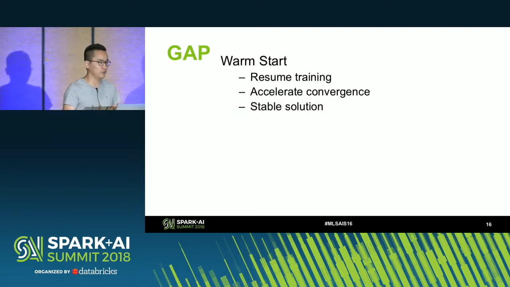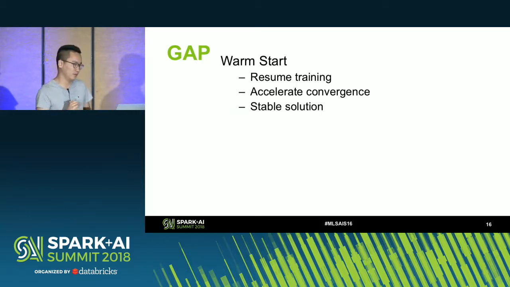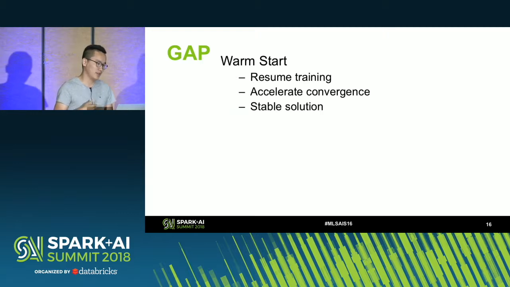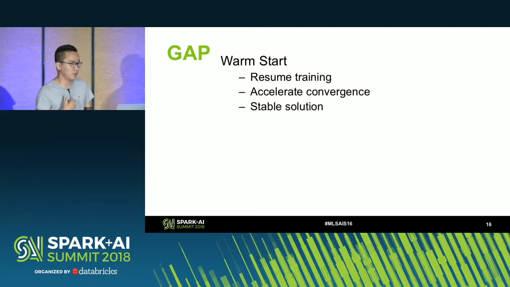For example, if you're training a logistic regression, you will not want to train from scratch each time. Maybe next time you have new data, and you can train the model from a checkpoint. Like continual training, it can get a more stable solution and accelerate convergence.